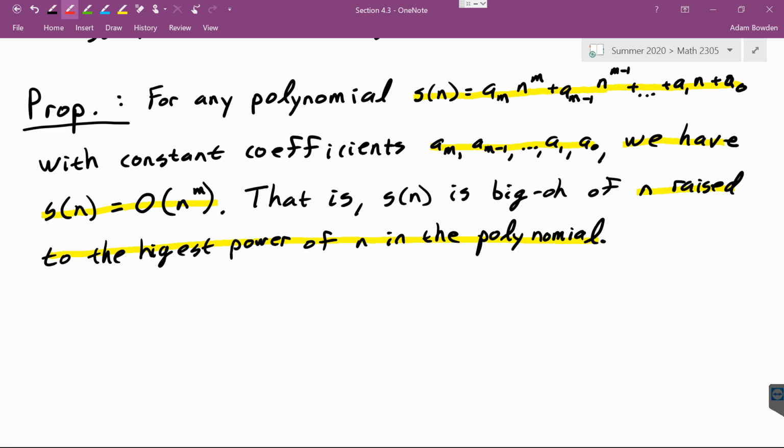So anytime we have like n to the second or n to the third, and that's the highest power and it's a polynomial function, then we can know automatically that it'll be big O of n to the third or n to the fourth, whatever the case might be.